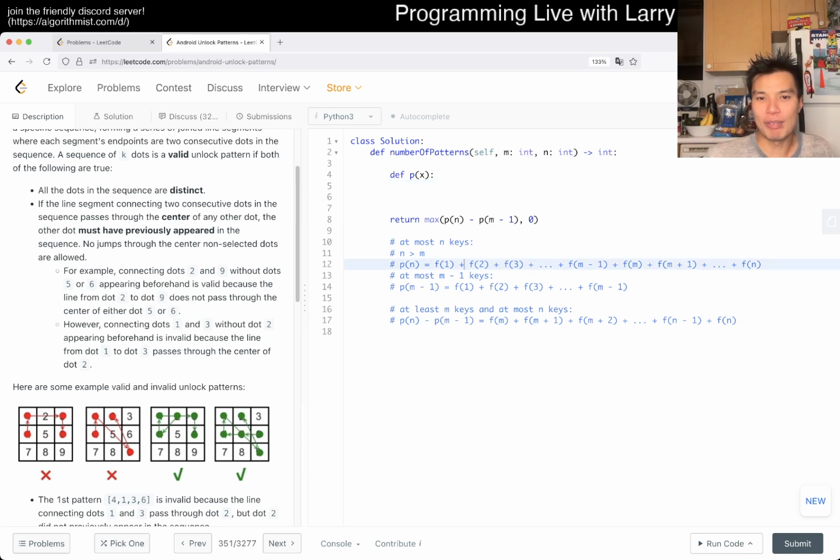I'm just trying to think what is the cleaner way of doing this, right? One way to write it is just to write out this formula, and that's fine. But I think you could do a dynamic programming and it's a little bit cleaner too.